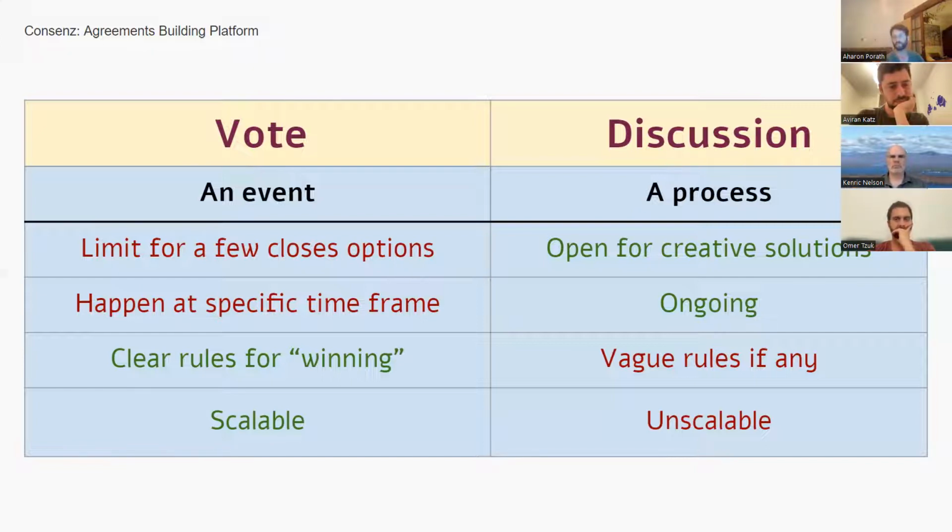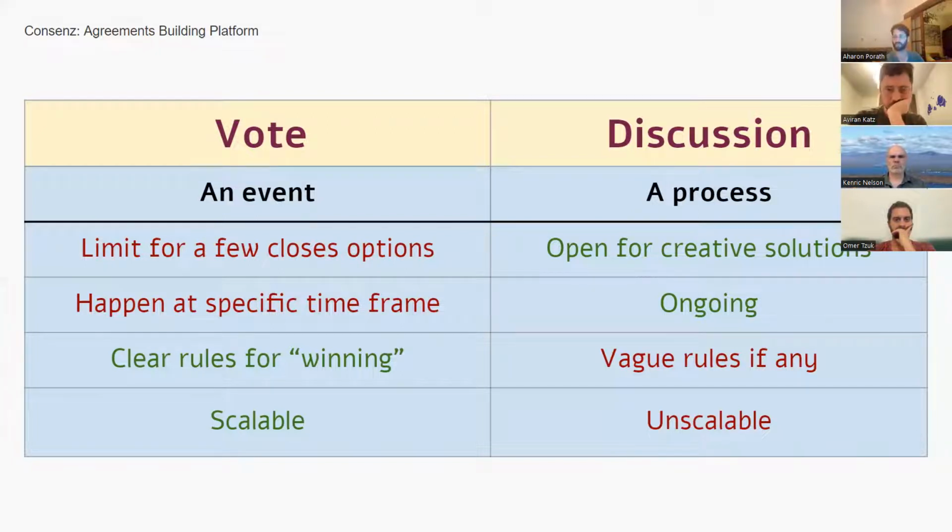And a vote is scalable, because we're working with numbers, and we have the ability to treat votes in very large numbers, while discussion is unscalable. In discussion, we need to put attention and time for every participant's opportunity to share their idea and their perspective.